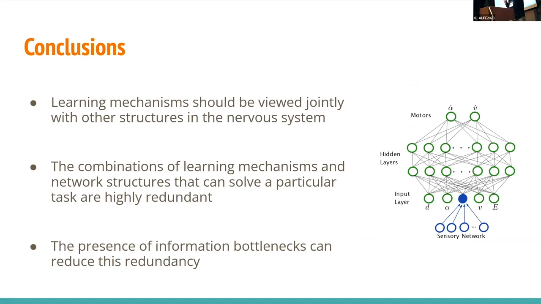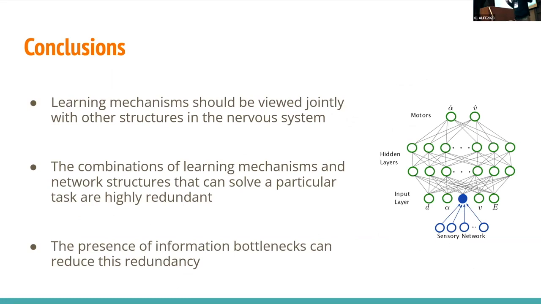So in summary, when we study learning mechanisms, we can study them properly only if we view them together with the other structures they interact with. Network topology really matters for learning, and local plasticity can only interact with the structures in very specific ways. And if we optimize all those things, both structure and plasticity, then we get very redundant solutions.